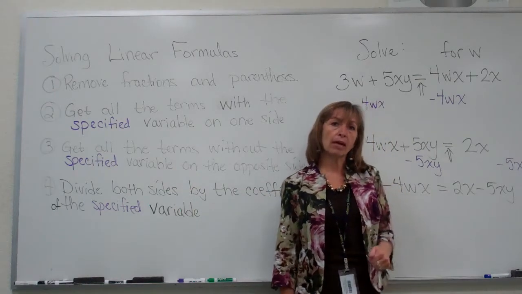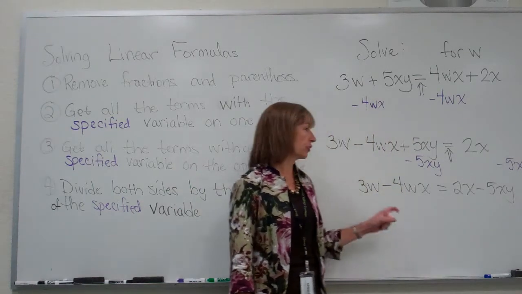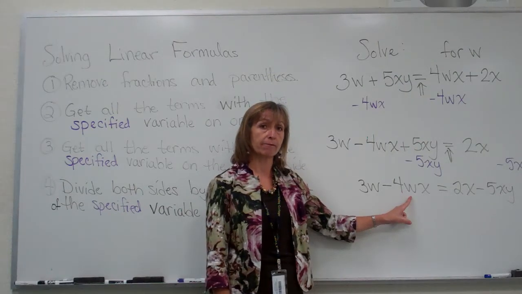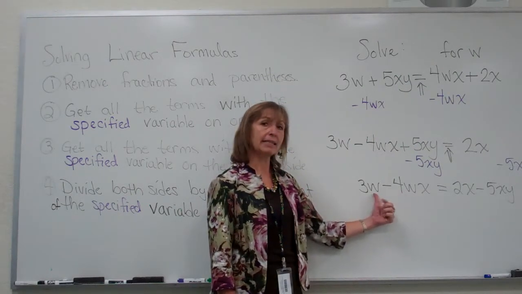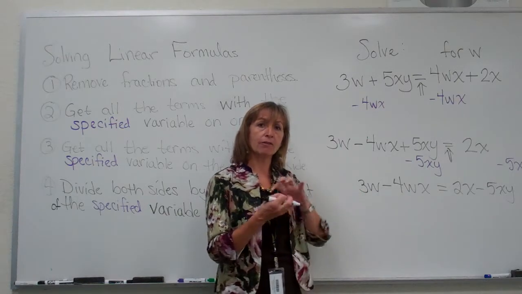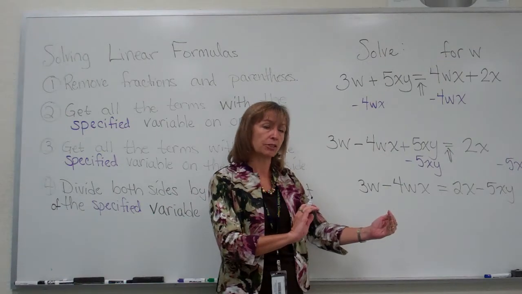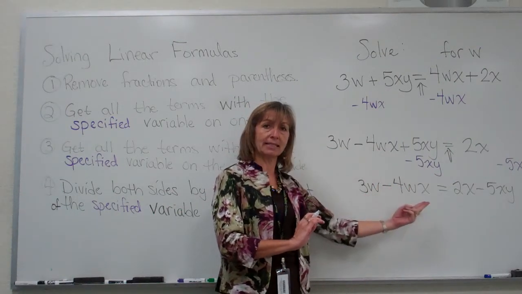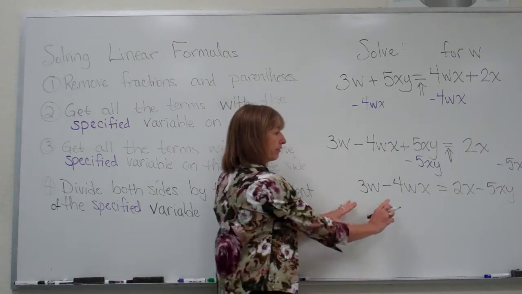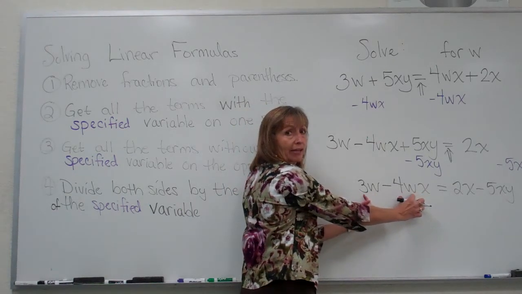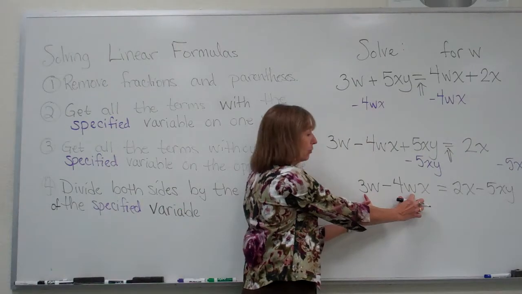Now in step 4, I have to do a little bit of preparation in this particular problem before I can carry out step 4. I need to write this as a product of w and the rest of the stuff that it would multiply to mean the same thing as this left-hand side. Now we've forced these terms on the left-hand side to have a common factor of w. That's why we've sorted them.